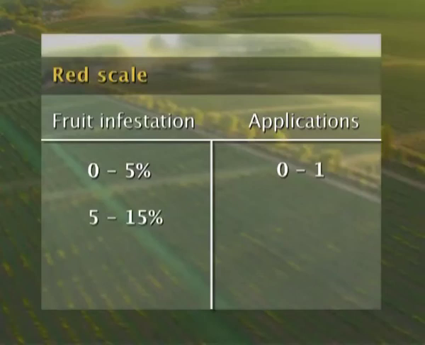If between 5 and 15% of fruit is infested at harvest, then 2 applications may be necessary. And if more than 15% of fruit are found to be infested with red scale at harvest, it may even be necessary to apply 3 treatments for red scale during the course of that season.